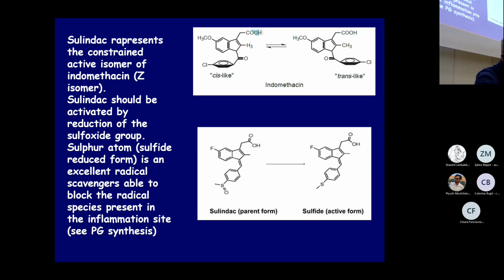So if we introduce a group able to block the formation of free radicals, we can have an additional anti-inflammatory activity in addition to the inhibition of cyclooxygenase. So this is the reason why you can find a sulfur atom on the chemical structure of sulindac.